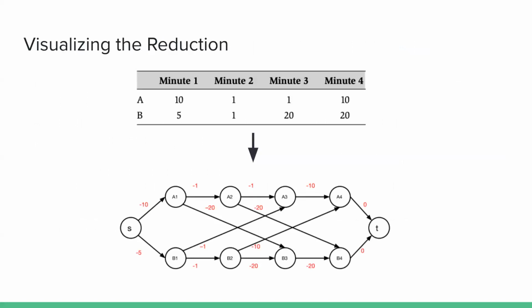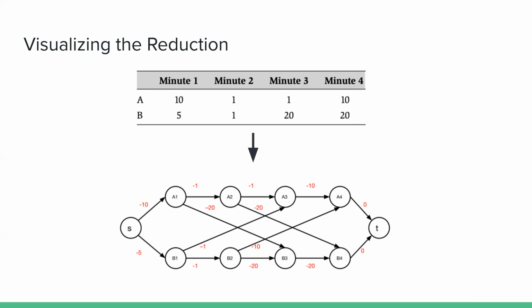We're given this table as an input. When we're doing reductions, remember, we need some transformation that takes us from the input of the original problem to the input to Bellman-Ford. And the input to Bellman-Ford is a graph, with all these directed edges and weights. So I introduce an arbitrary source and an arbitrary sink, and then I can add the nodes for every single minute and machine: A1, A2, A3, A4, B1, B2, B3, B4.